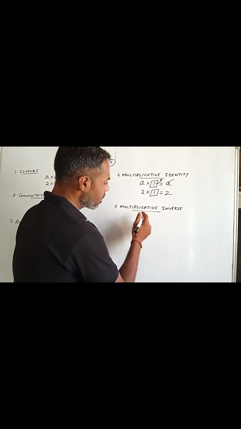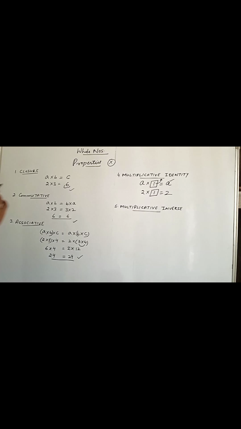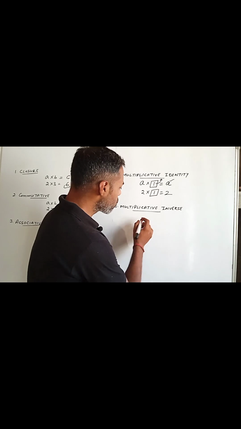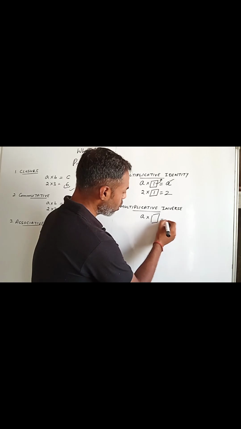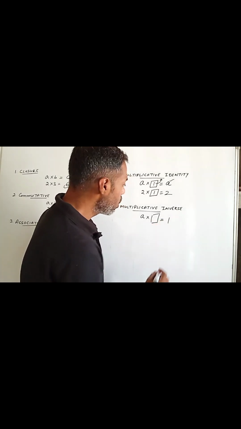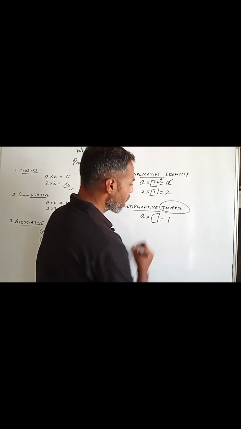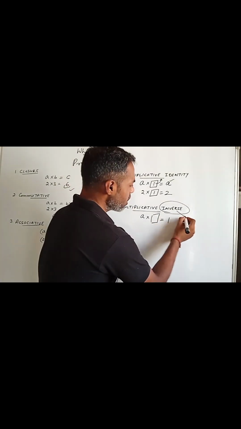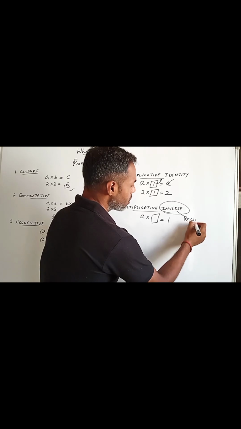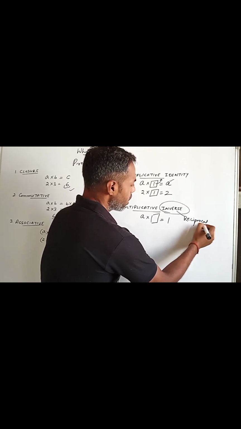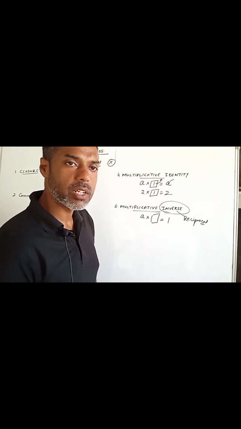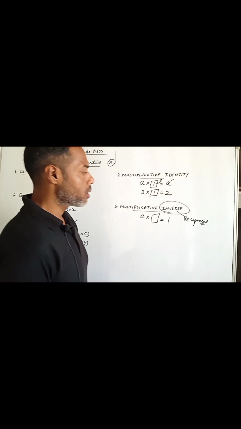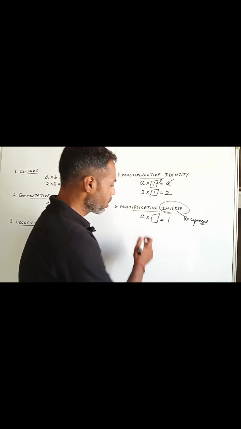Now the fifth is multiplicative inverse. Multiplicative inverse means what number should we multiply with a number so that we get 1. Inverse means the reciprocal. Reciprocal means we change the numerator to the denominator and the denominator to the numerator.